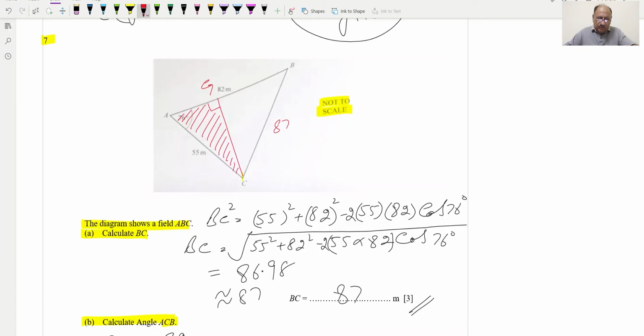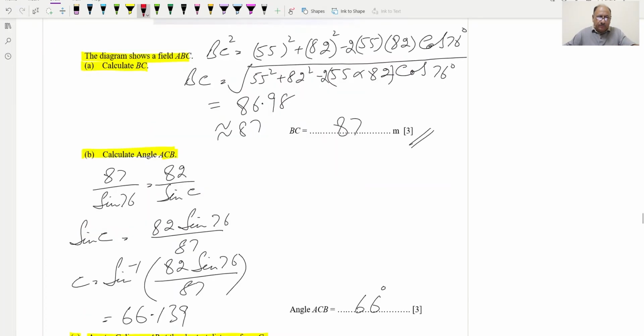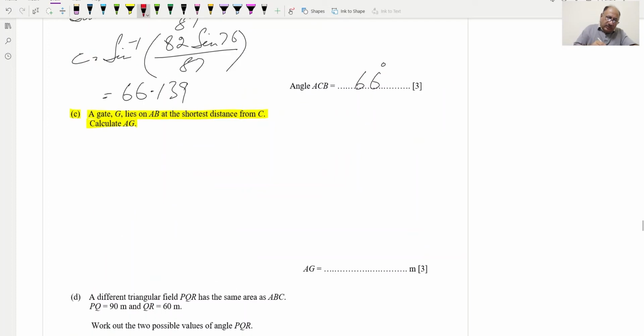So in triangle ACG, AG over AC is equal to cos of 76.